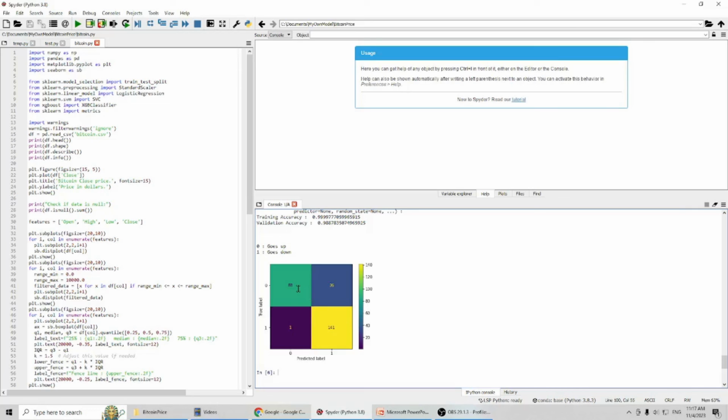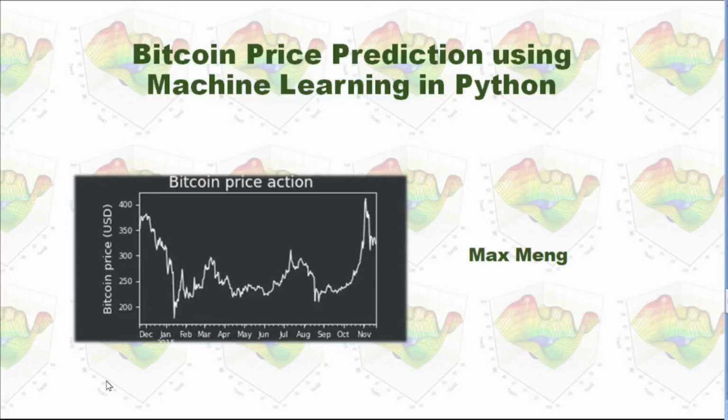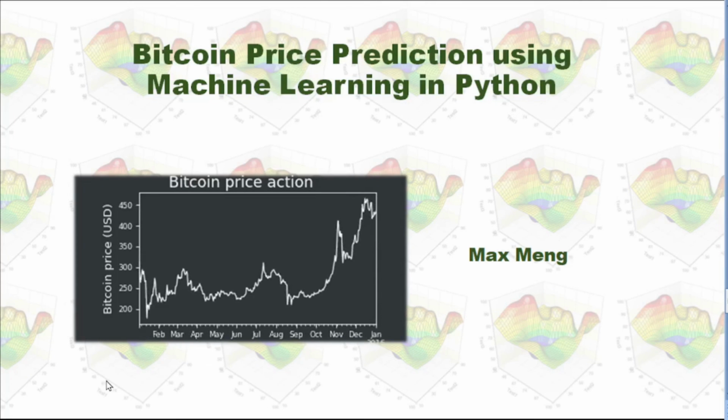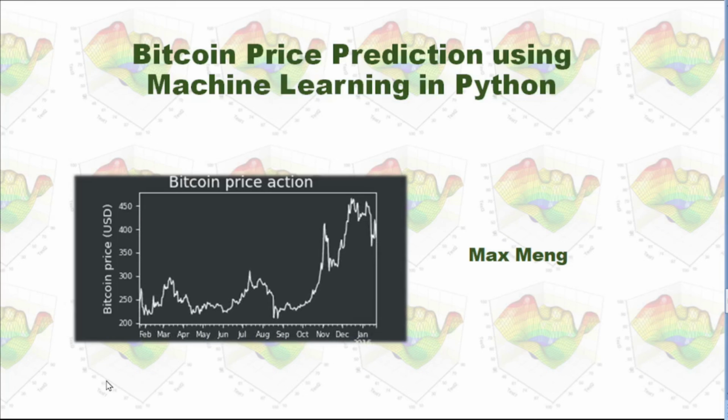You can see we have much more correct predictions than wrong price predictions. This is how you can predict Bitcoin price using machine learning in Python.